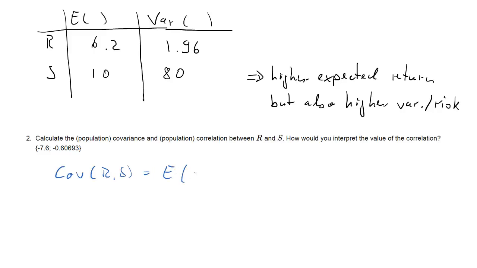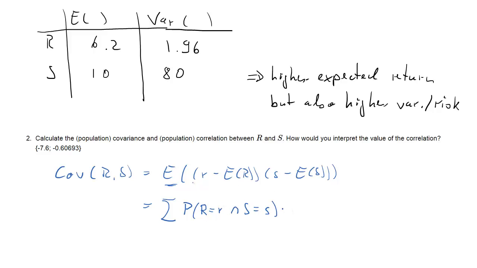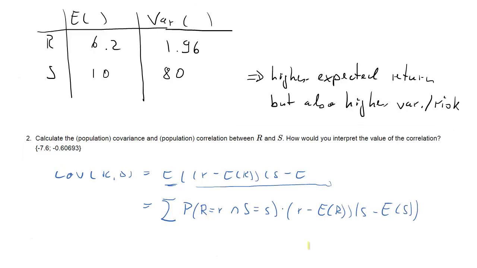The covariance is the expected value of outcome little r minus the expected value, times outcome s minus the expected value of S. Now, as always, the expectation is going to be implemented by summing over all potential combinations of r and s times the probability for the outcome. So the probability that random variable R is little r and S is little s, times that little r minus the expected value, times that little s minus the expected value of S.